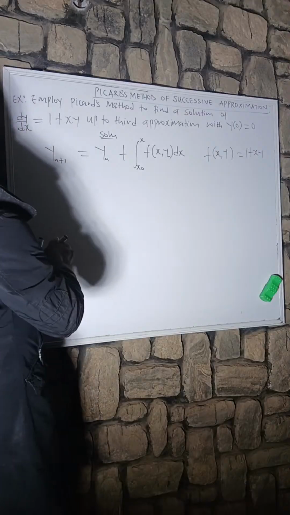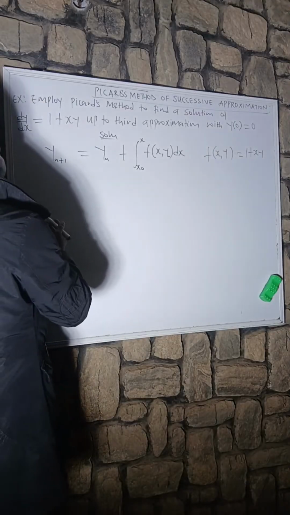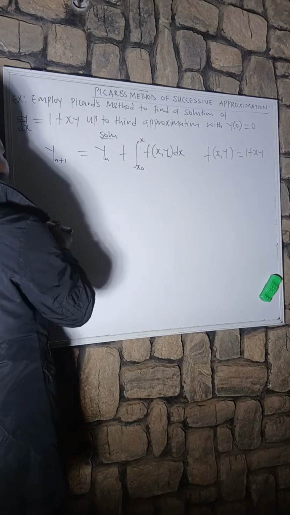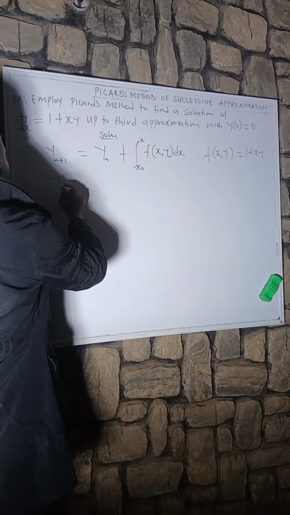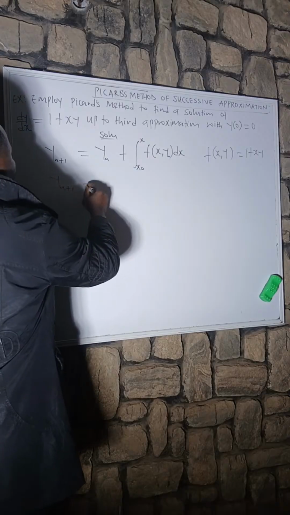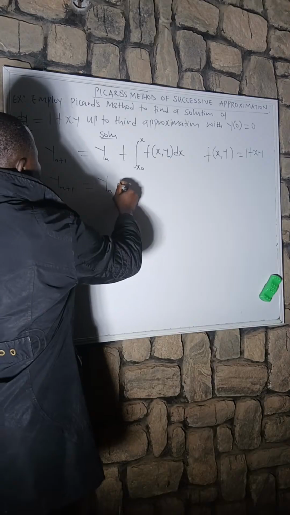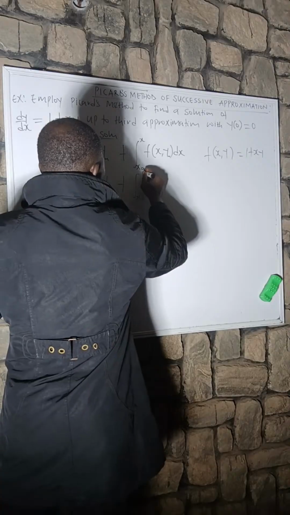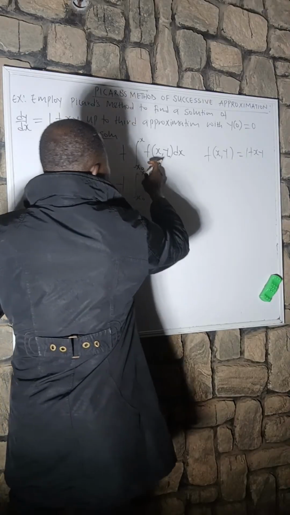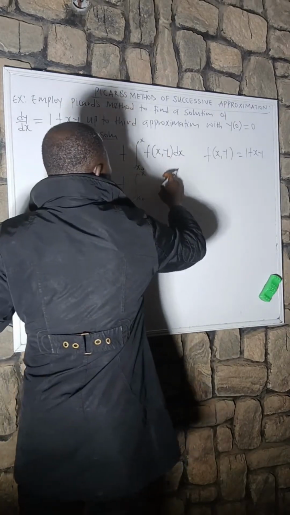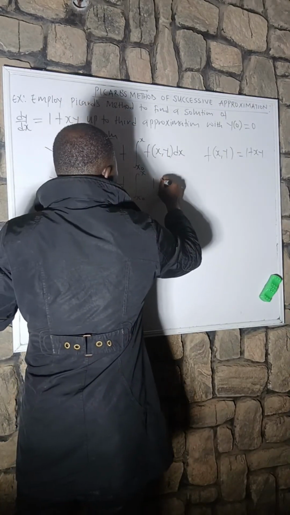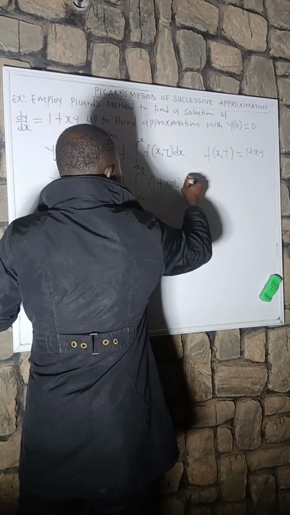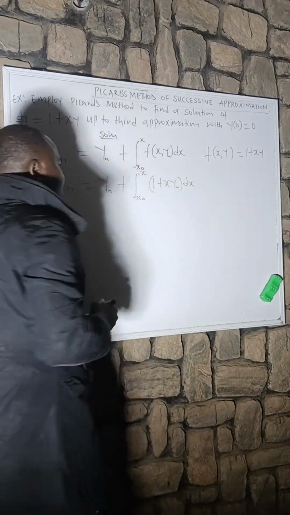When we substitute in this function, we are going to have y subscript n plus 1 is equal to y subscript n plus the integral from x naught to x of f of x comma y, which is 1 plus x y subscript n, dx.